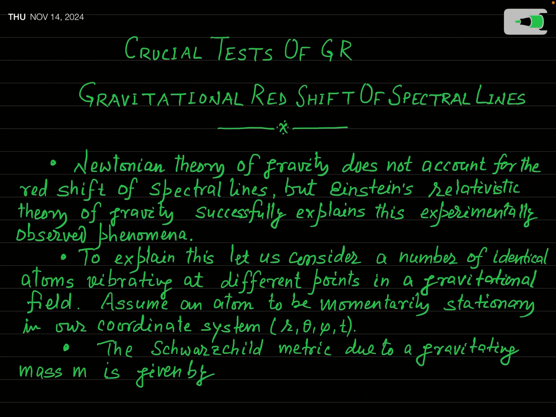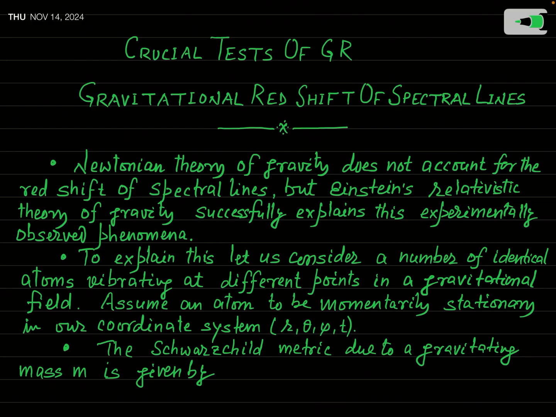The classical Newtonian theory of gravity is not able to explain these facts, but Einstein's theory successfully explains them, and such phenomena are observed in experiment. Therefore these are called the experimental tests or the crucial tests of Einstein's theory of gravity.